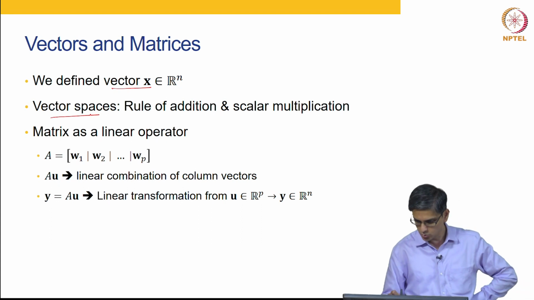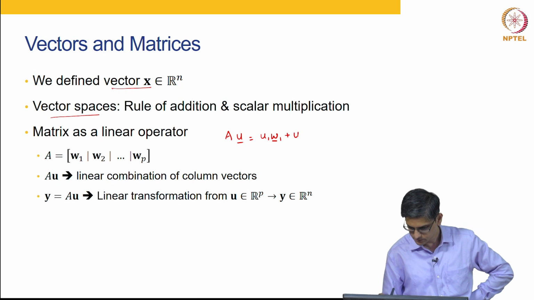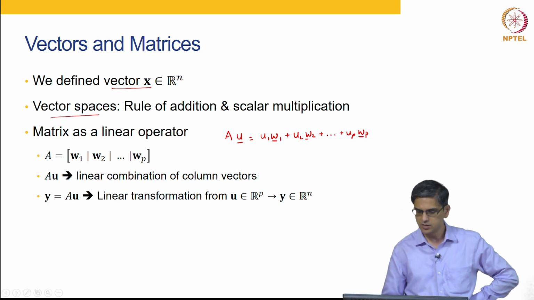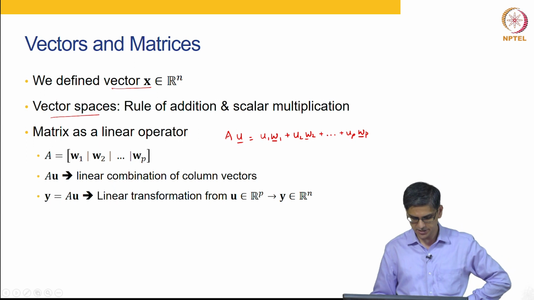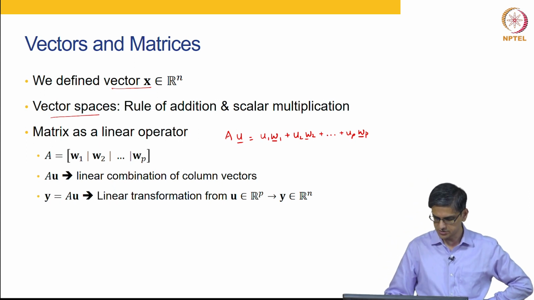So, what we meant by that is A multiplied by u bar is going to be nothing but u1 times the first column, and so on. So, this is a linear combination of the column vectors.